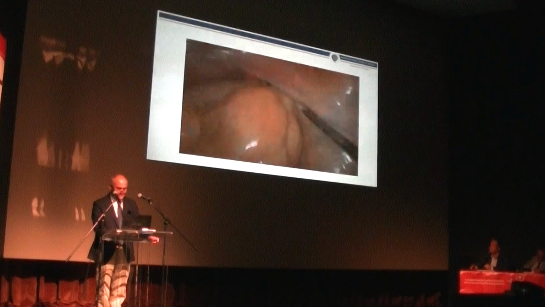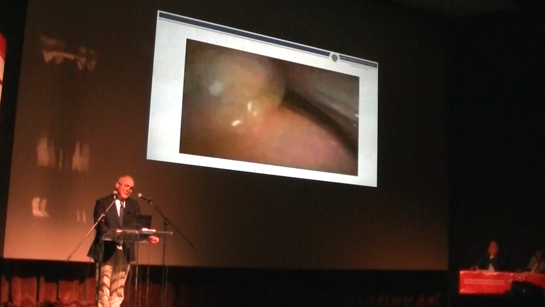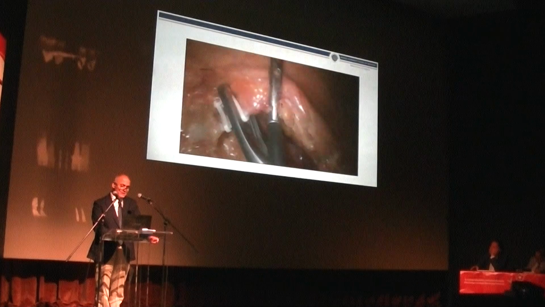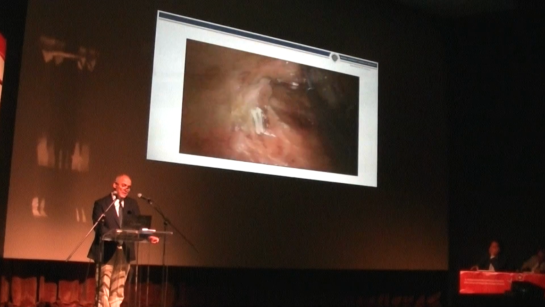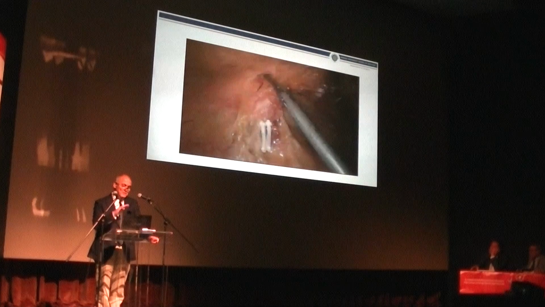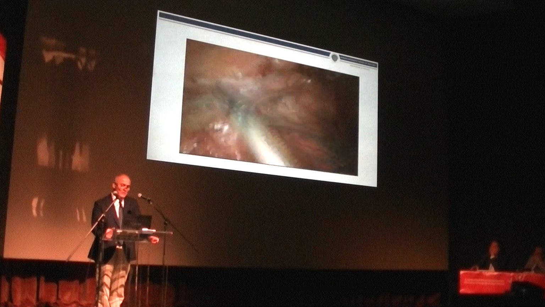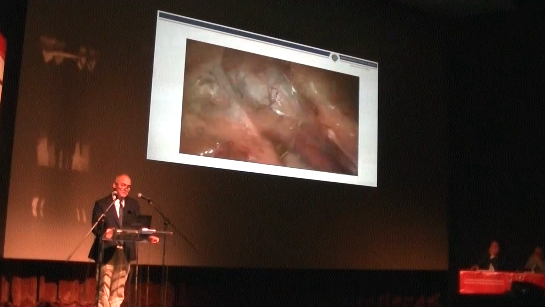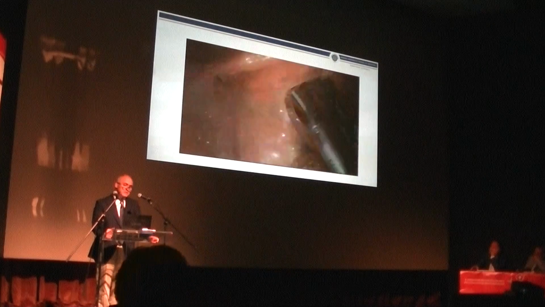This is a case where you may need a splenic flexure mobilization after taking down the inferior mesenteric artery. I do apologize for this technical problem, but afterwards you're trying to take the inferior mesenteric vein. Be aware that there are some variations.